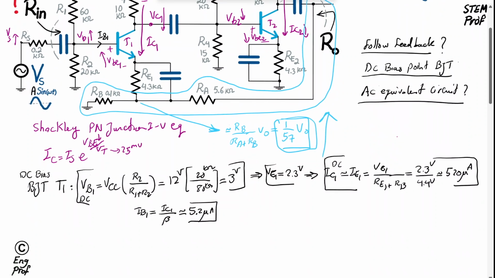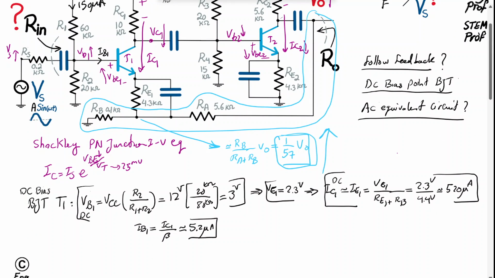We can continue that. So what I have is 5.2 microamp, and what is the important thing about this? Well, the effective AC impedance observed for the base emitter of transistor T1 as observed from the base is referred to as HIE of transistor 1, or sometimes people say RB1, and is equal to just the thermal voltage divided by the DC current of the base of the transistor.